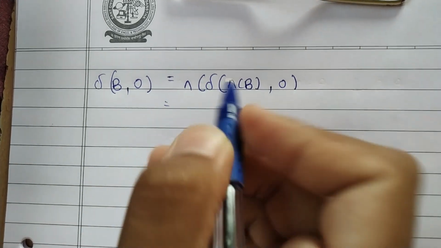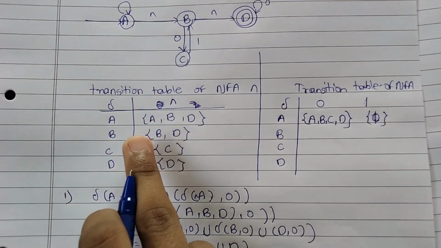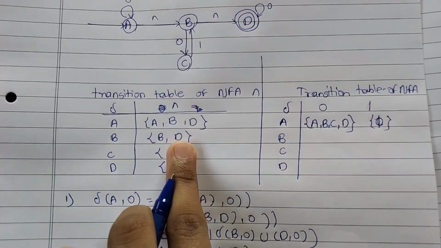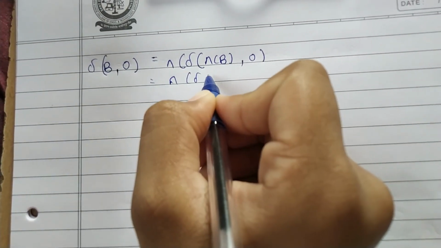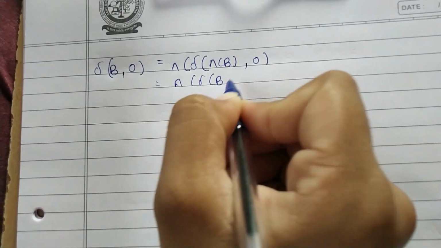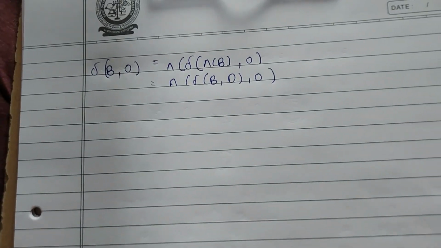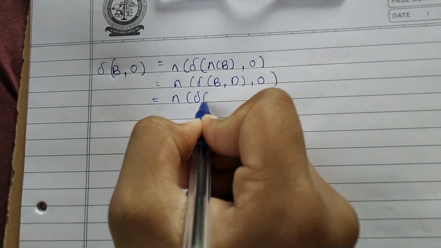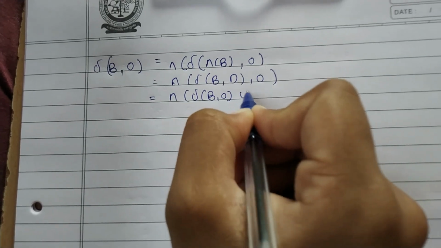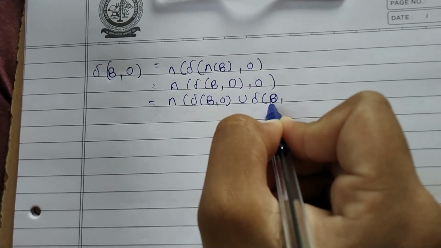Null of B is B and D. So we write here null of delta, this null B is B, D and this 0. Now we perform the union, so delta B, 0 union delta D, 0.